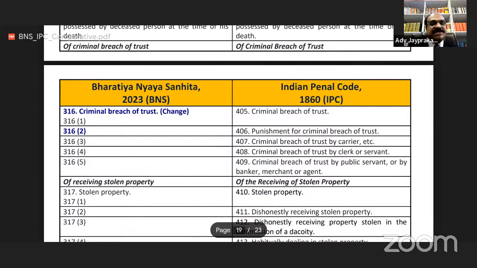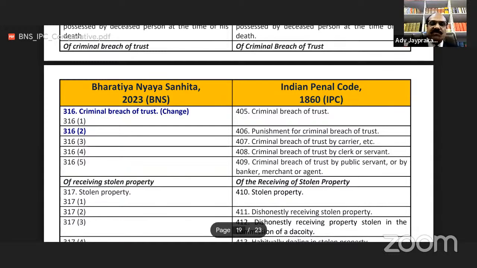BNS section 316(3) is related to criminal breach of trust by carrier, etc. Its earlier section was IPC 407. BNS section 316(4), criminal breach of trust by clerk or servant.